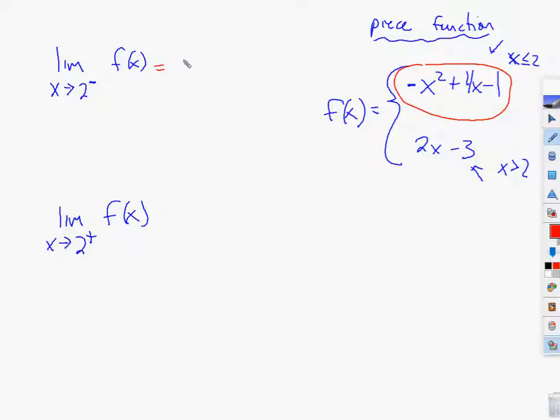So I would put in 2. Negative, because 2 squared is 4, and then I have that negative hanging out there. And then I just put these together. 3.